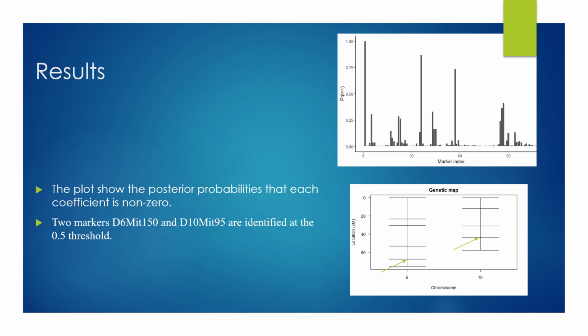Now we identify 2 markers, one on chromosome 6 and the other on chromosome 10. And we can see the plot below. The green arrows indicate the corresponding positions of these 2 markers on the chromosome. And this means the genotypes at these 2 markers are associated with the phenotype.